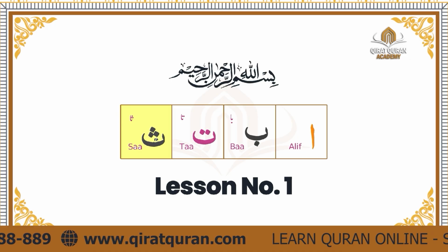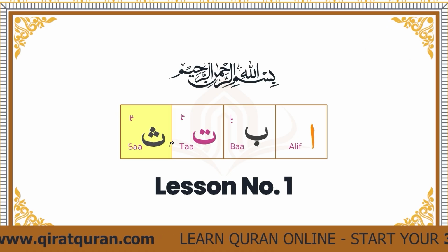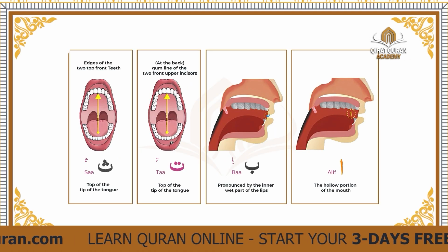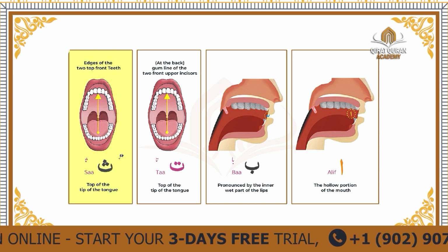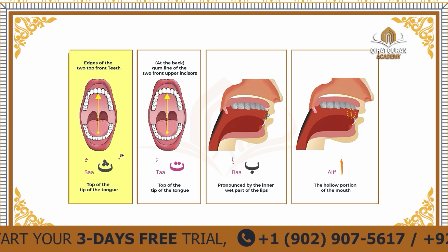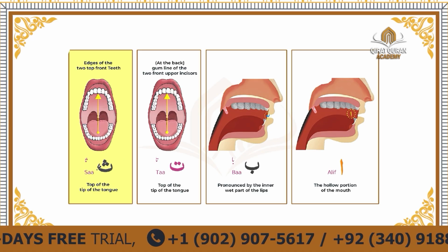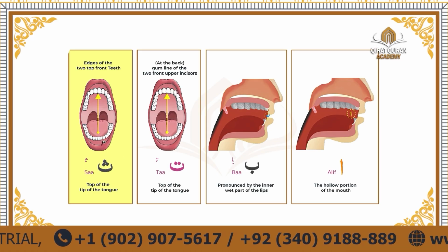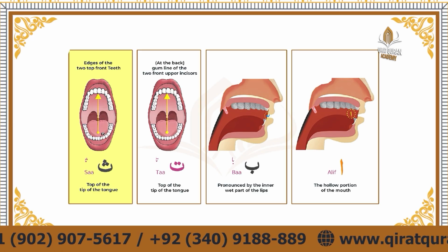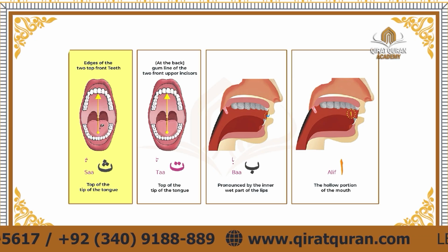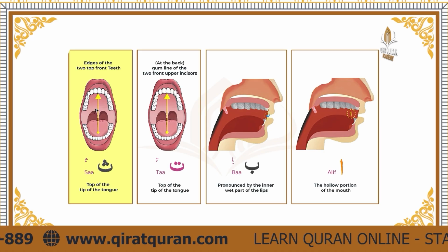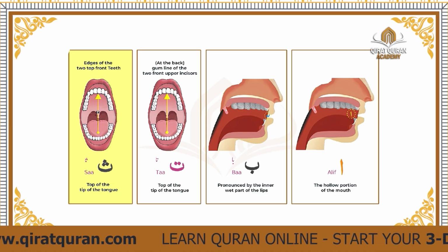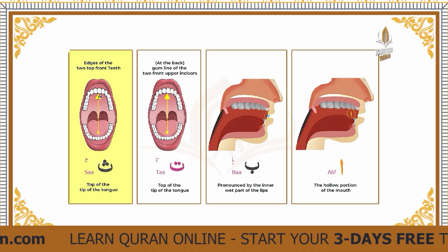Okay, say it. Sa. Now look at this picture. It's a bit similar to ta, just a little difference here. You have to use the tip of the tongue in sa also, but you have to keep that tip of your tongue at the edge of the front teeth.